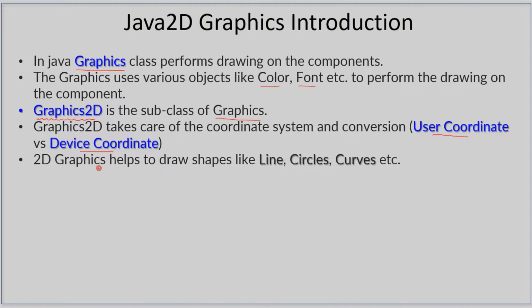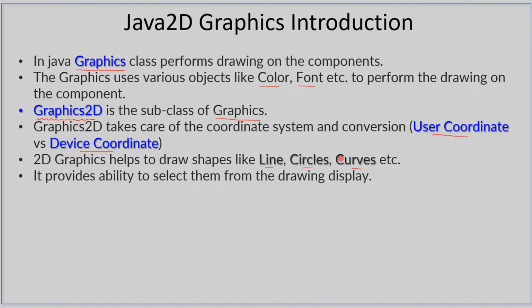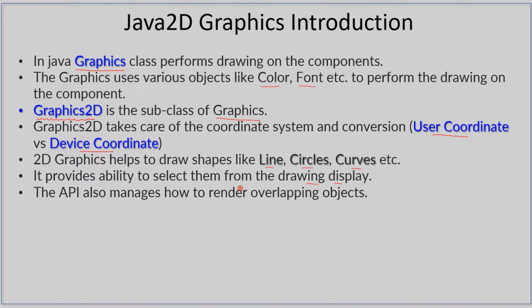2D graphics helps to draw shapes like line, circle, curves, and there are a lot of many other shape related objects. It provides the ability to select what is already drawn in the display. The API also manages how to render overlapping objects.